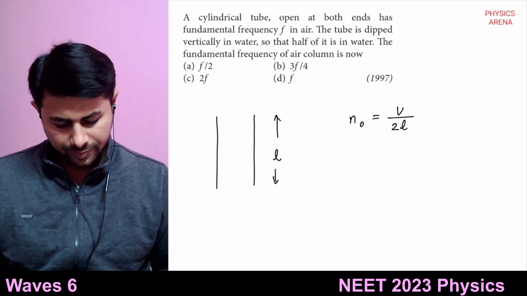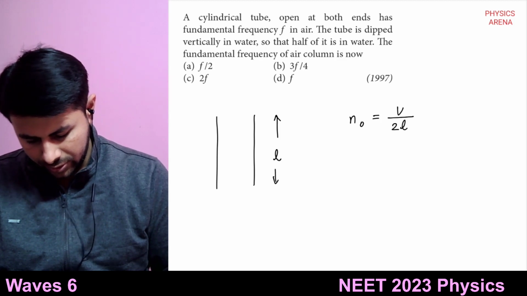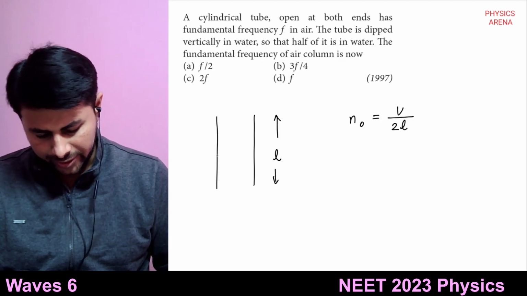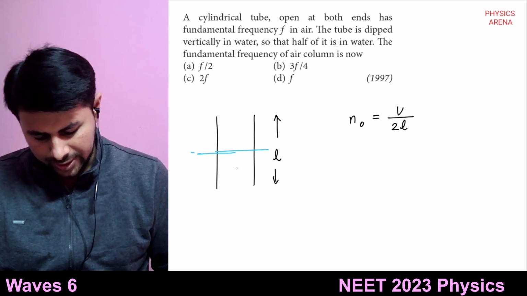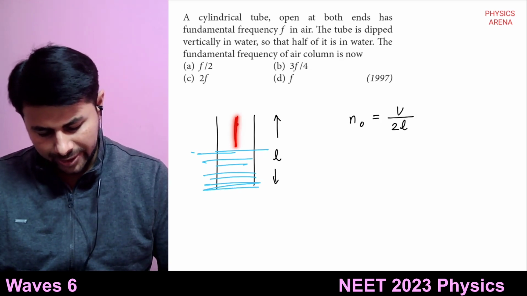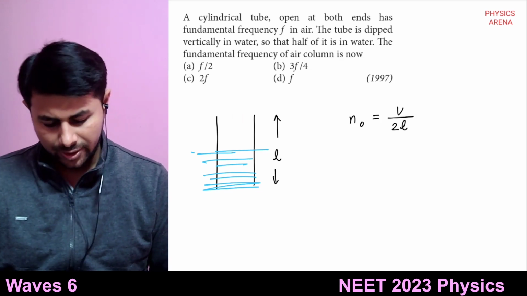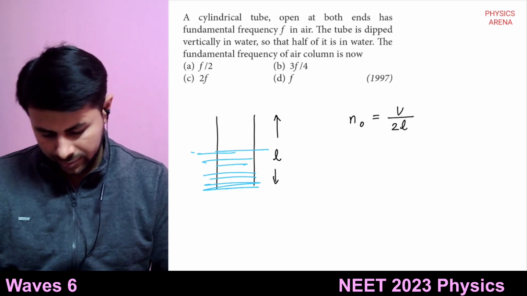Now what you are doing is you dip half of it in water. So now how much is vibrating length? How much length is left for vibration of air column? It is L by 2, right?